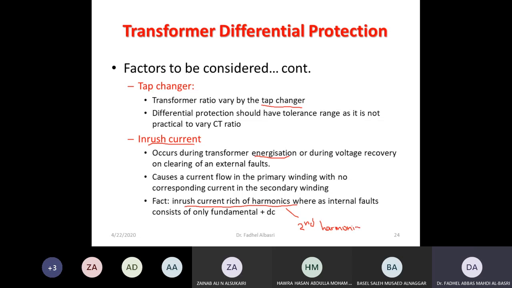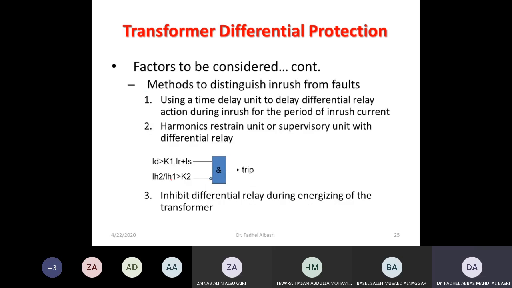Now, fault currents don't have a lot of second harmonic, but inrush current is full of harmonics. This is the way we differentiate that: oh, this is a starting current, it's not a fault.